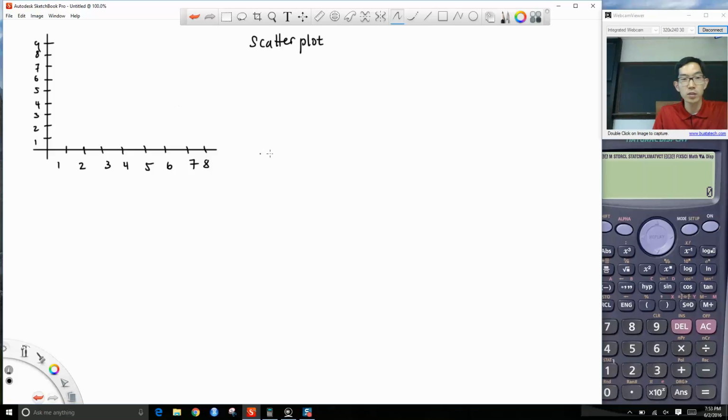And then maybe you have a data point, 3, 4, so you'd go to 3, and then you'd go up to 4, and you'd put a dot right there.